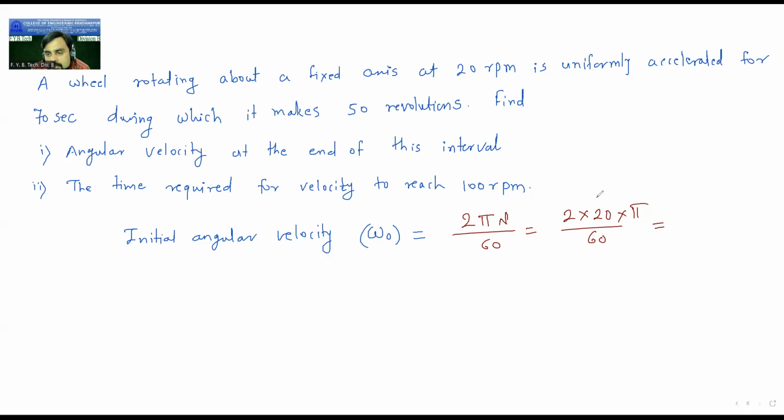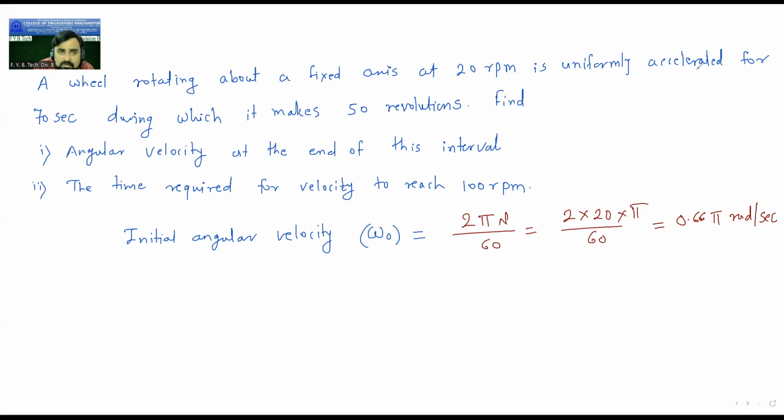This will get cancelled. 2 ones are 2, 3 sixes are 18... so 2 by 3, which is 0.66 pi radian per second. Keep the pi as it is every time, don't do the calculation so early. So your initial velocity is 0.66 pi radian per second.